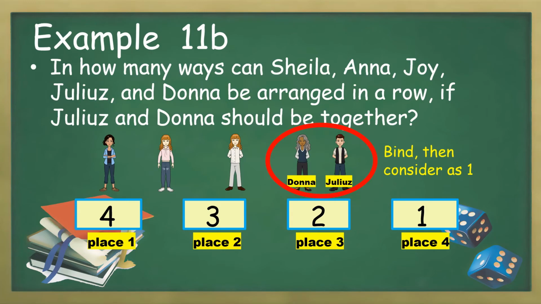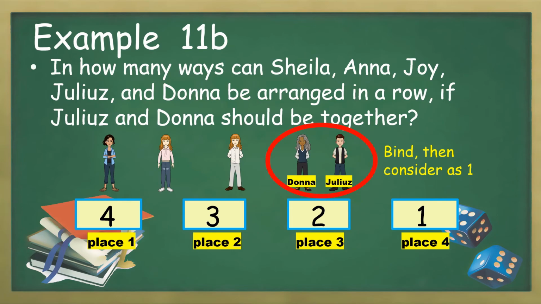Therefore, there will be 2 sets of 4, 3, 2, 1, and we're just going to multiply this by 2. The first arrangement will be Donna Julius, which gives us 4 times 3 times 2 times 1. Then the other arrangement is Julius Donna, interchanging the position of Donna and Julius, which gives us another 4 times 3 times 2 times 1.